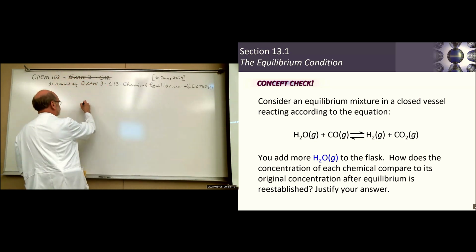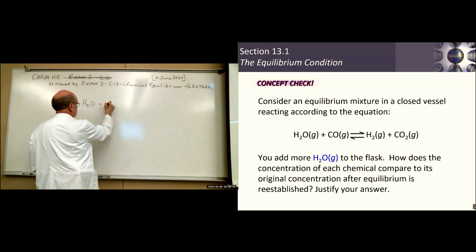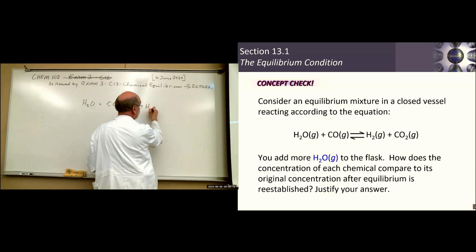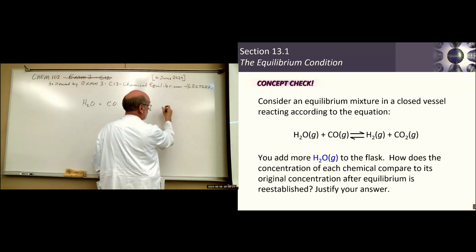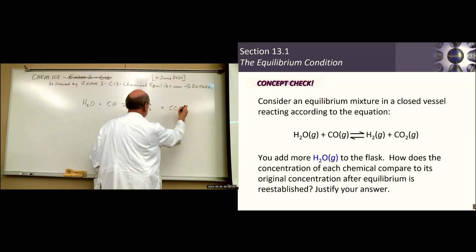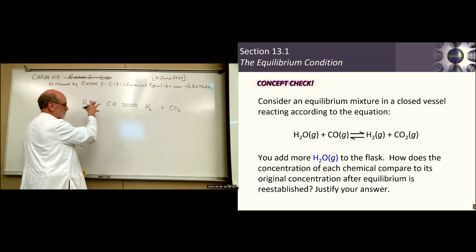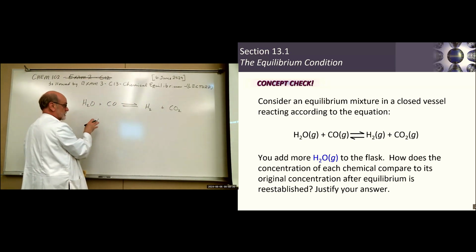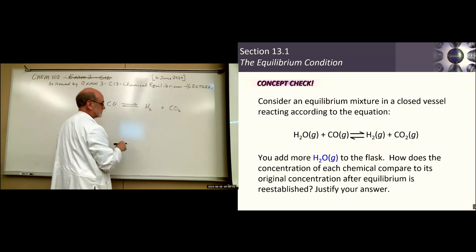Let me just draw it. Carbon dioxide, and say we are at equilibrium. These are all gases, so I'm not going to put the g in there. So if we're at equilibrium, forward and reverse rate are the same, and it looks like no changes.